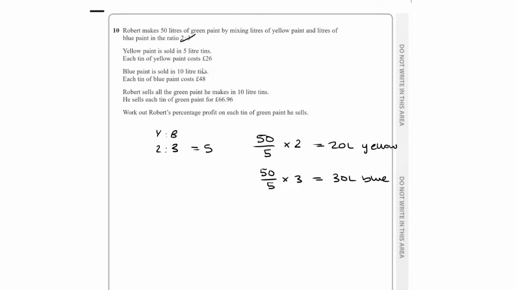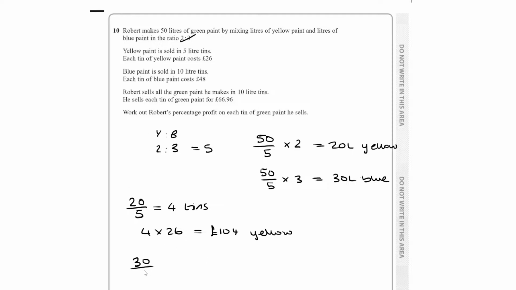So let's see. Obviously, because percentage profit, you need to know the cost, don't you? You need to know how much it cost him. So yellow paint is sold in 5-litre tins at £26. So we need 20 litres of yellow. Obviously, if you divide that, that means 4 tins, doesn't it? 4 tins of yellow. 4 times 26 is, I think 104. Yeah. So that's the yellow. The blue is sold in 10 litres.